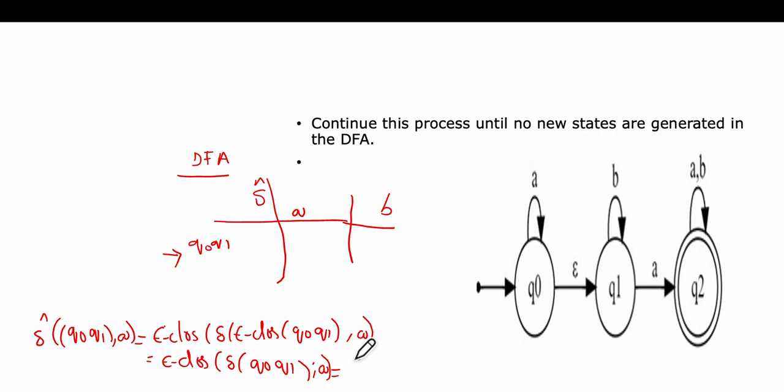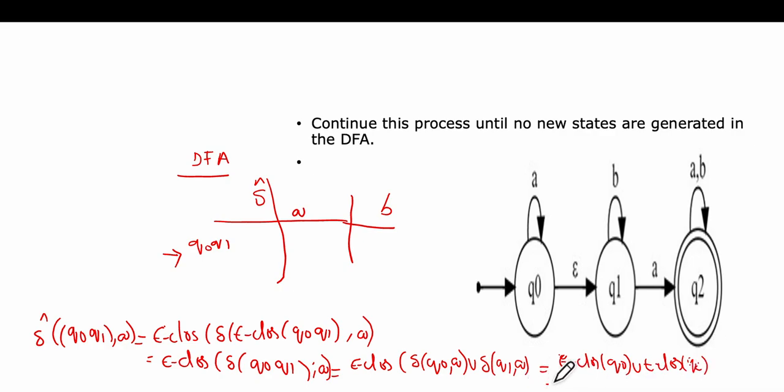Now E closure of delta of Q0 on A union delta of Q1 on A. E closure of delta of Q0 on A is E closure of Q0, and E closure of delta of Q1 on A is Q2.